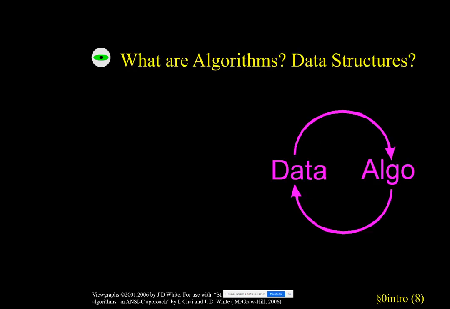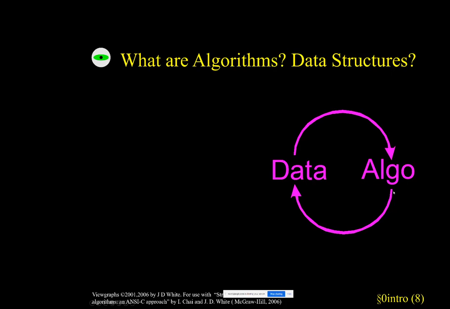Now, what are algorithms and what are data structures? That's the next step we're going to get to. Once we have got our basic C programming, we're then going to start to see how we structure our data and how we write our algorithms. And they're very related. The way you decide to structure or organize your data is going to determine how you run and write your algorithm.